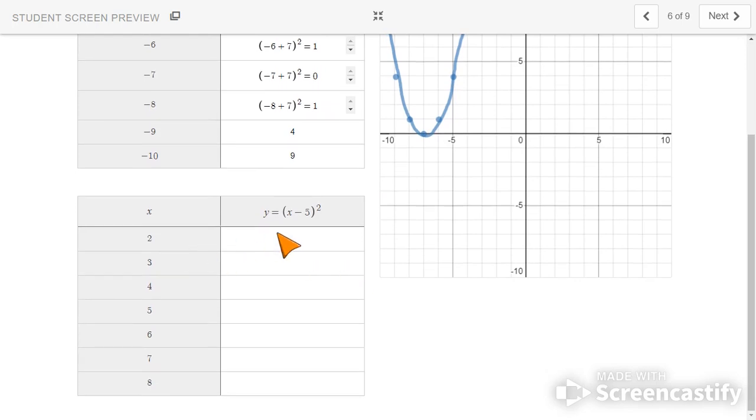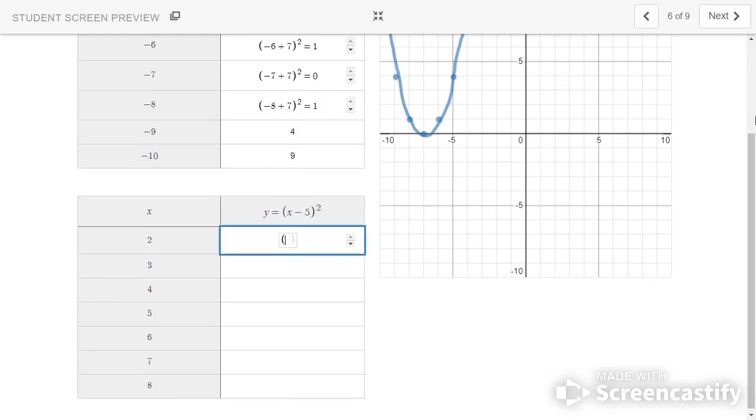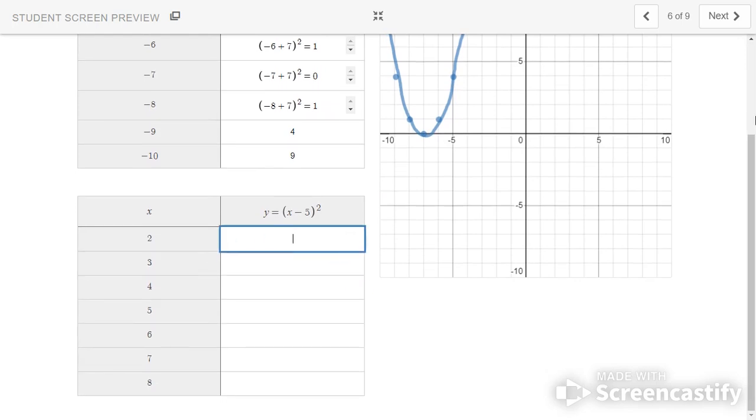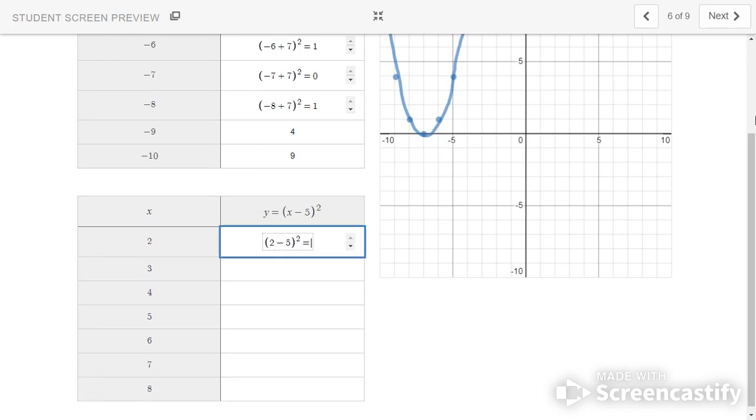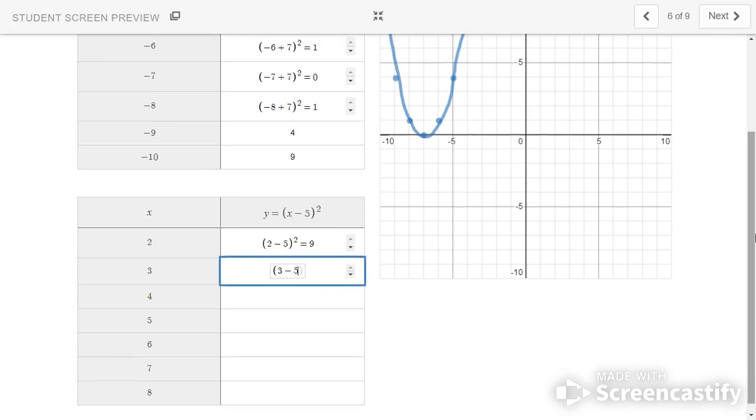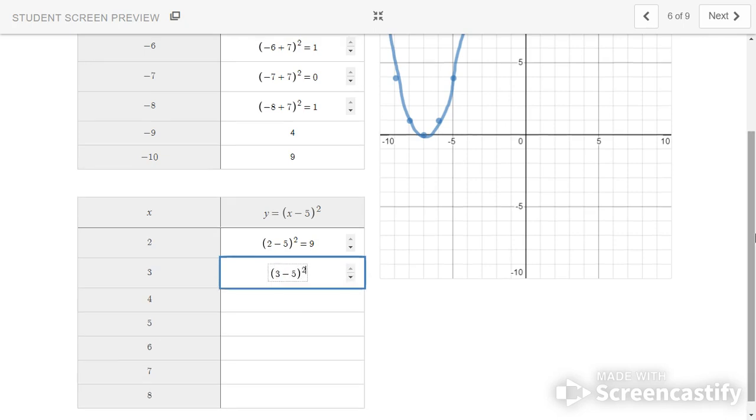Last one, we're going to substitute the values in here. 2 minus 5 squared. That becomes negative 3 inside the bracket. Negative 3 squared is positive 9. 3 minus 5, negative 2.